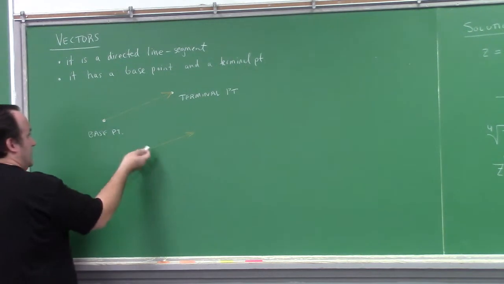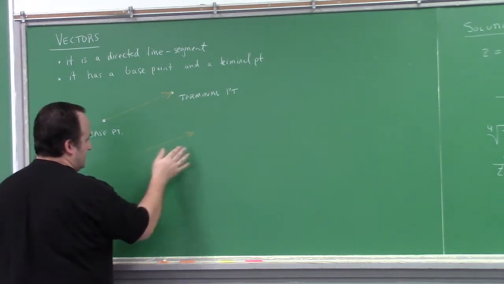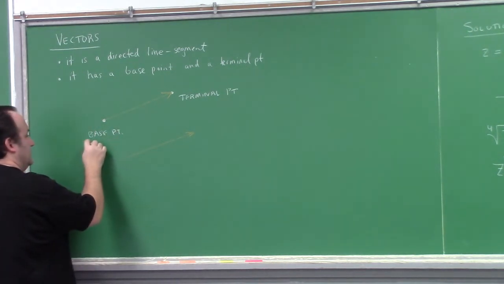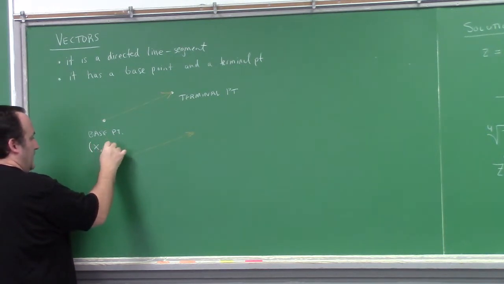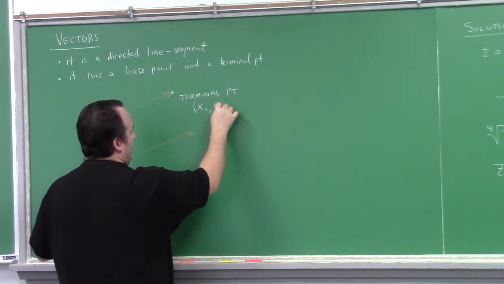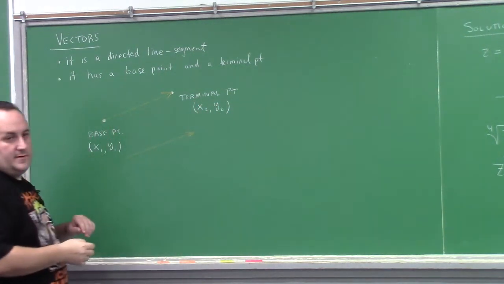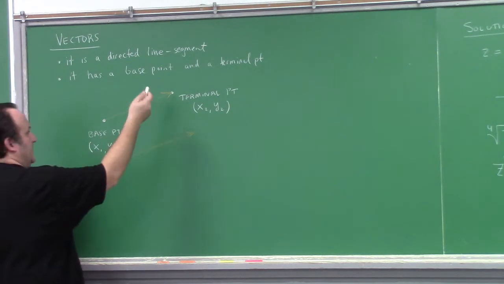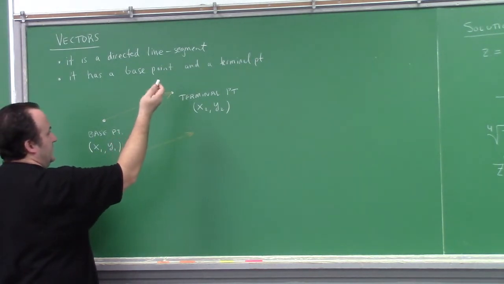So if the base point is, let's say, x1, y1, and the terminal point is x2, y2, then this vector, let me call it, what do you guys want to call it?